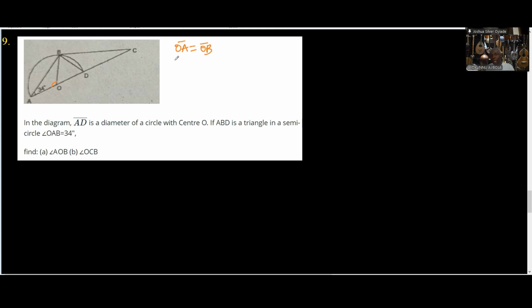So with that, we can say OAB equal to OBA, okay? And equal to 34. Therefore, what we're looking for, angle AOB, will be 180 minus twice of 34.